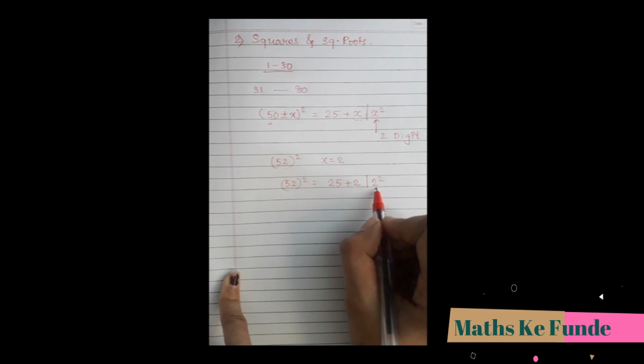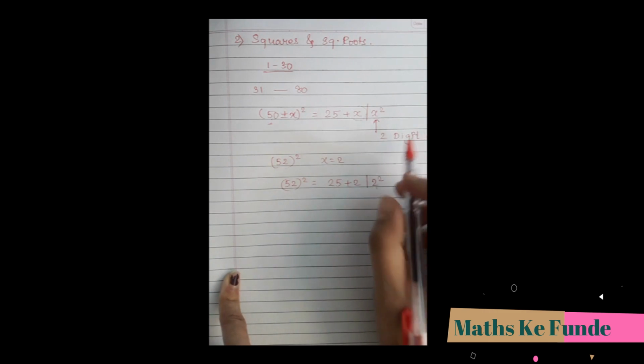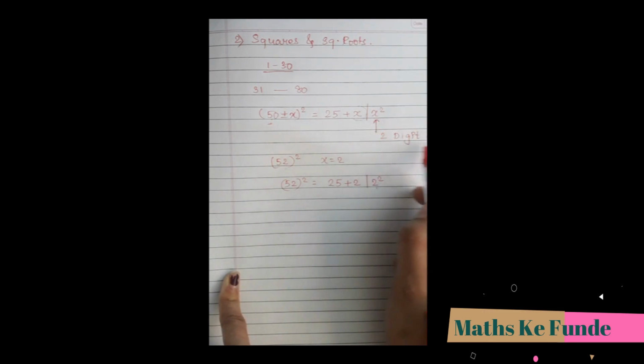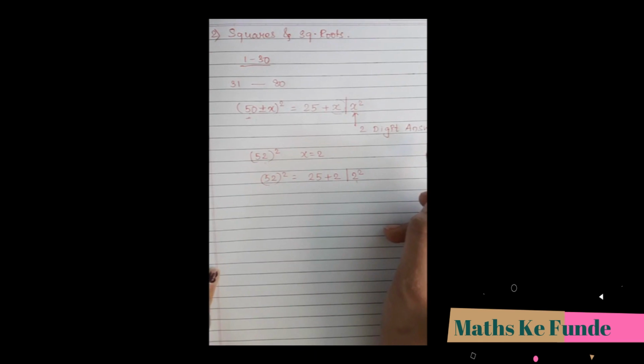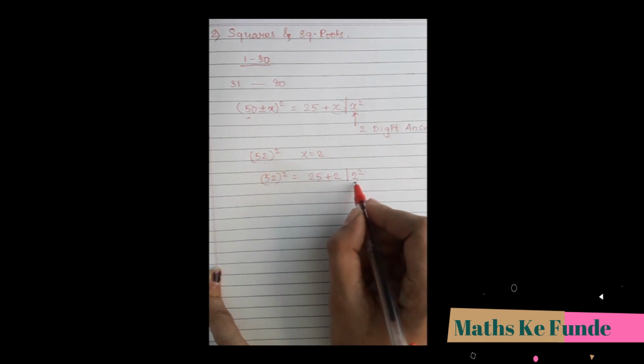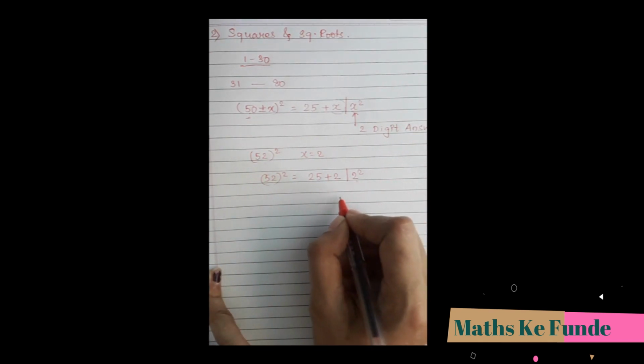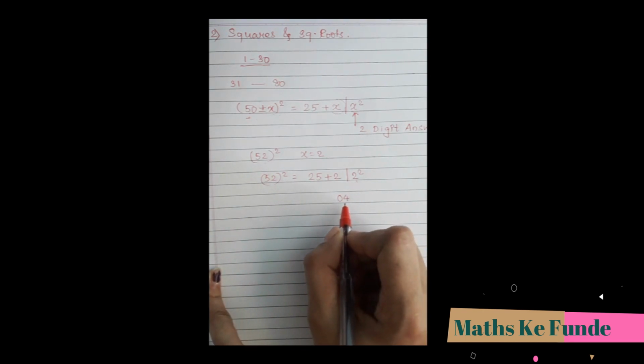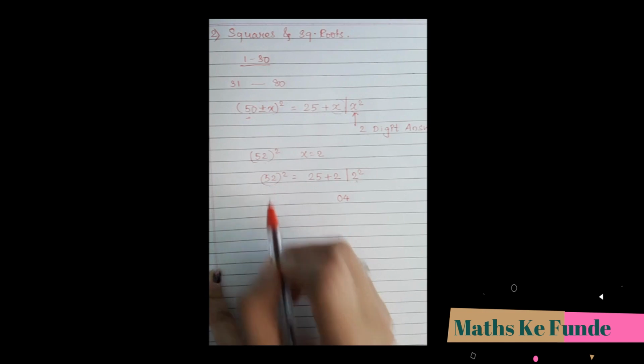Now what is 2 square? 2 square is 4, but this formula says that this x square should give you a 2-digit answer. So how can I represent 4 as a 2-digit number? I can write it as 04.